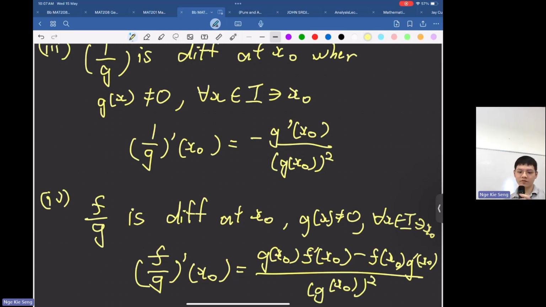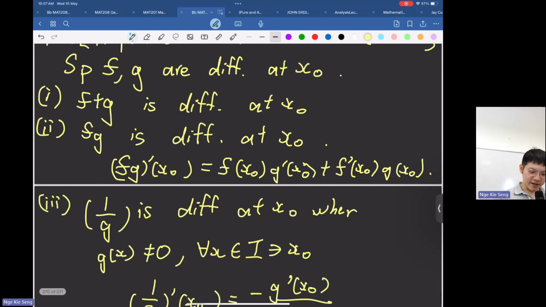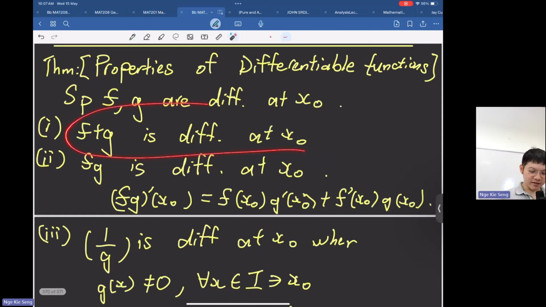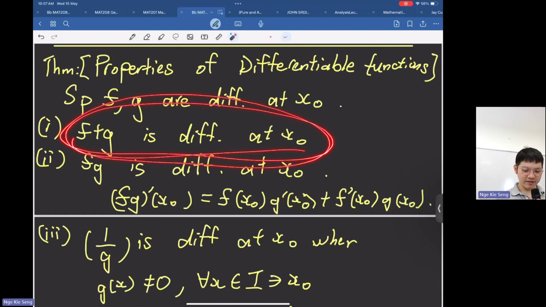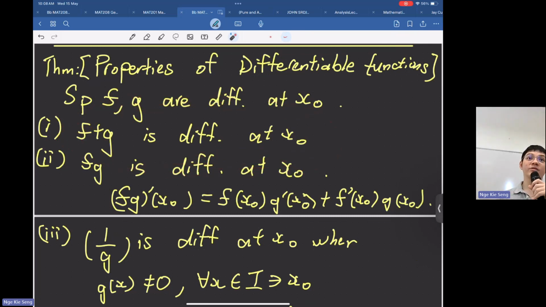So how to prove this? What does this mean? I guess f plus g is differentiable. It's quite easy, like Zheng Kan said just now. You just look at the limit, the convergent limit of two differentiable functions. The two secants converge, and if you look at the sum of the two secants, it also converges.